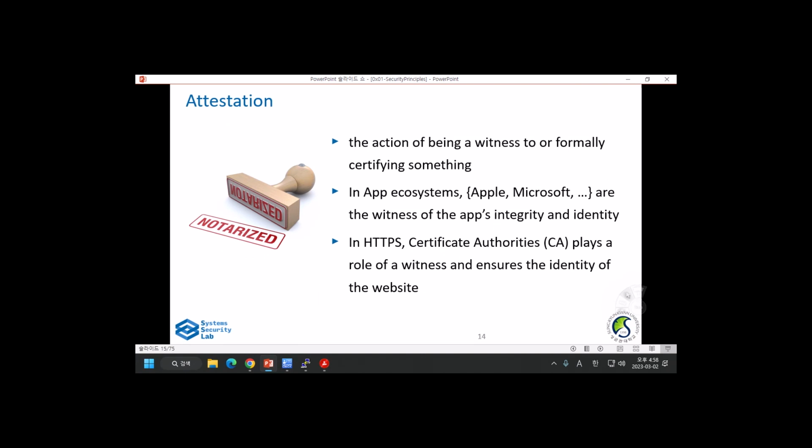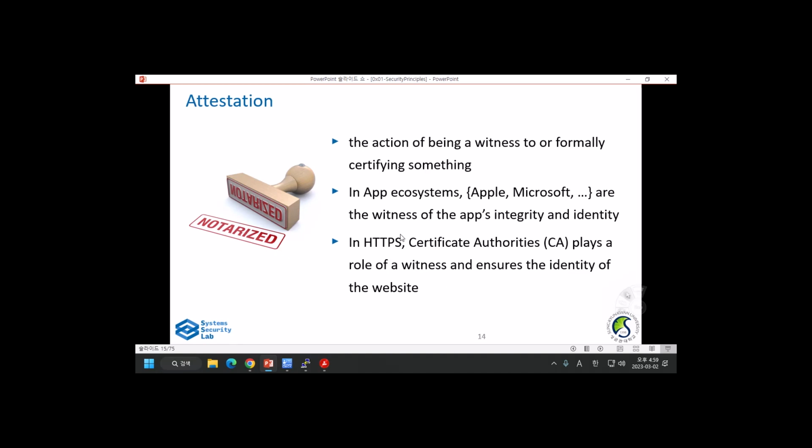So every time you download an app from App Store, the apps that are sold or provided in the App Store are signed by the developers. So the hash value of the app and also the signature of the developers are verified by the Apple, and Apple also signs the app digitally, right? So this way, we say Apple or Microsoft attests the integrity of the app, which is signed by the developer and also the owner of the App Store.